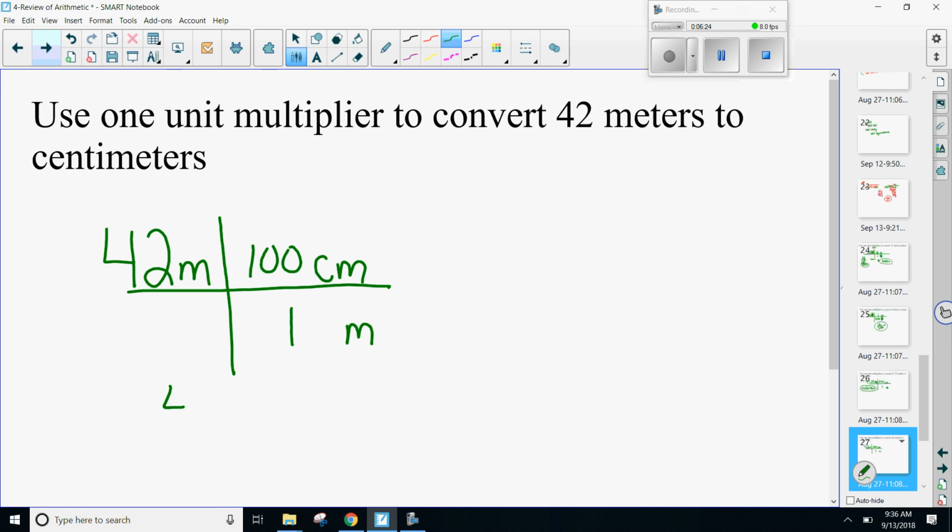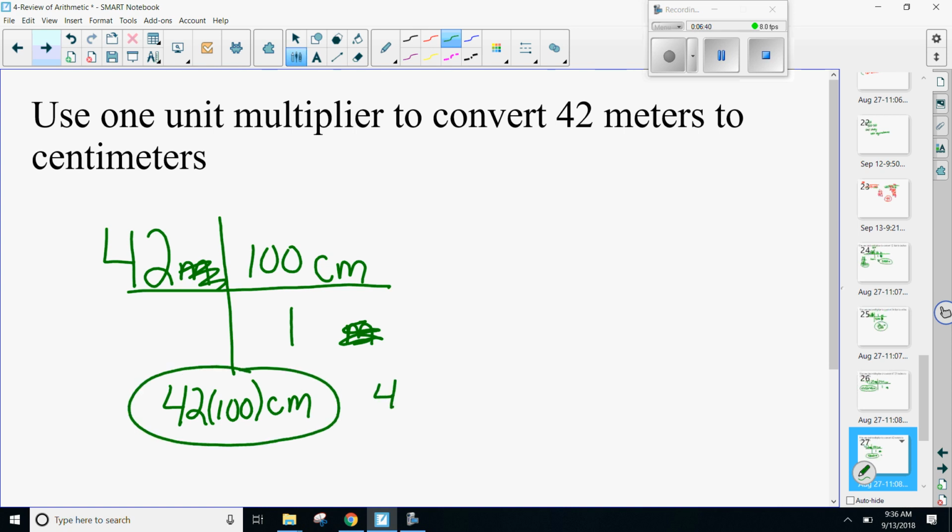You could write your answer as 42 times 100. Can you actually take 42 times 100? Meter units have canceled. The only units showing up in your answer is the person left on the field. That is 4,200 centimeters if you calculate it.